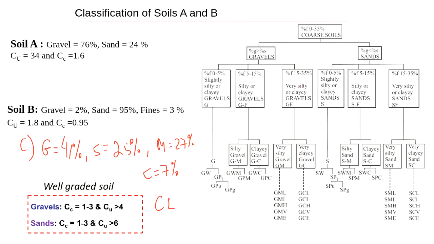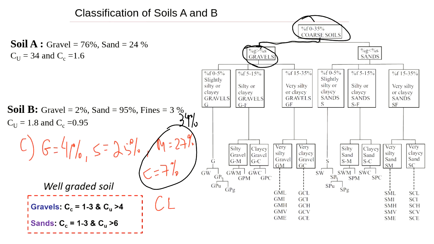So still we're going to use this chart because we have fines altogether 34%. Then we look at what we have, more gravel or sand. We have more gravel, right? Then next is going to the right because we have fines 34%.